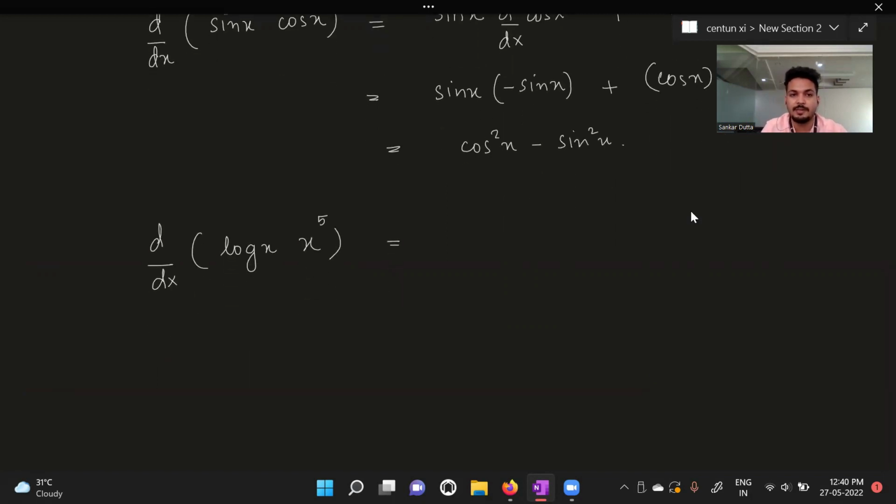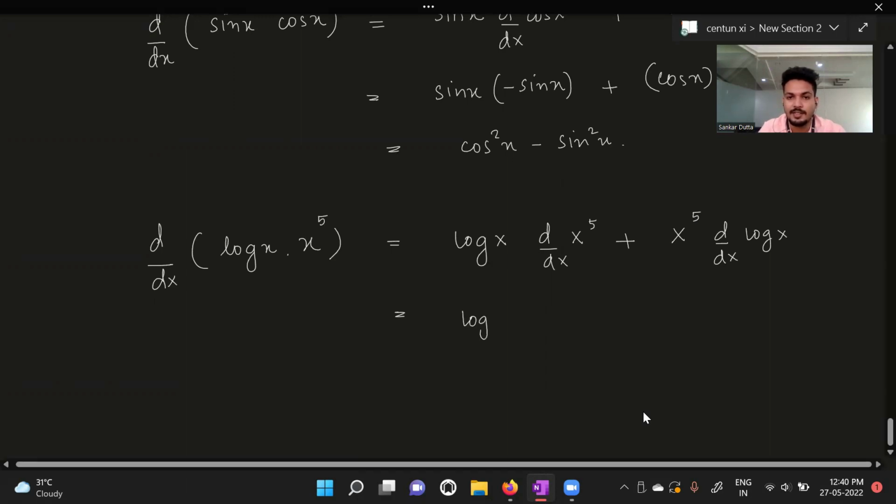Okay, so d by dx of log x multiplied by x raised to power 5. So what I'll do is leave log x as it is followed by the differentiation of x raised to power 5, plus x raised to power 5 as it is, differentiation of log x, right? So this is the formula. So log x is as it is. What is the differentiation of x raised to power 5?